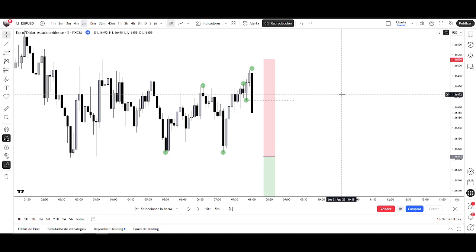So why taking a entry model that is basically less accurate, it has less win rate, and actually it's usually followed by a setup that has more win rate and a better expected value. It makes more sense, right? So basically, I missed out on that setup.